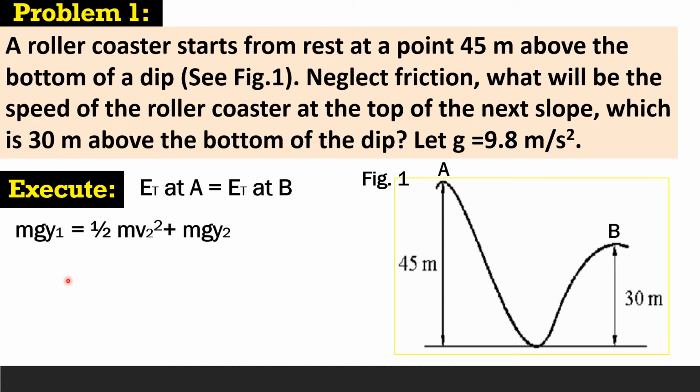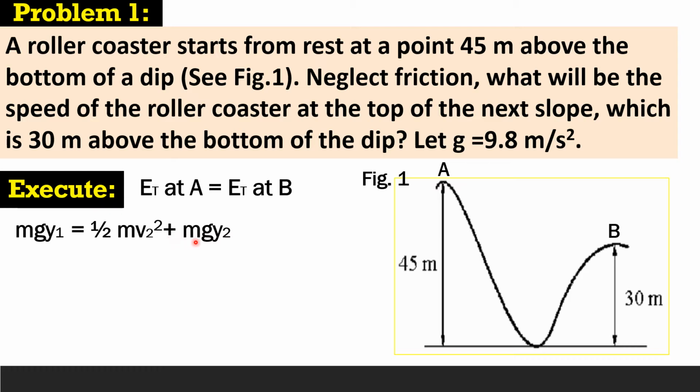And then on the right side of the equation is the total mechanical energy of the roller coaster when it is at point B, which is the sum of its kinetic energy, 1/2 mv squared, where v sub 2 is our unknown variable.